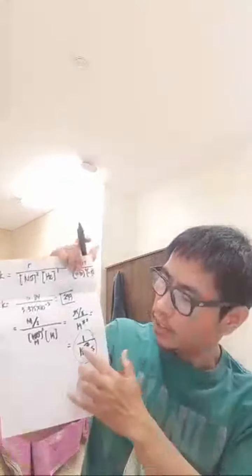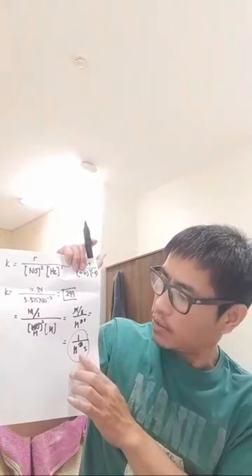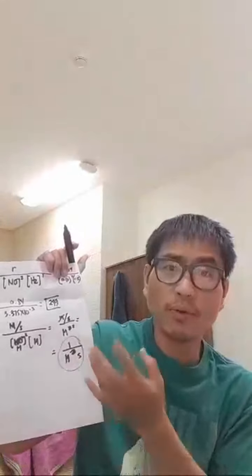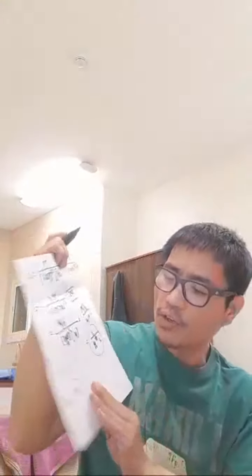Now investigate if it is correct. We have the formula of K also, which is equal to capital M raised to the power 1 minus N times T raised to the power negative 1, and the value of N will be 3 because we said our overall reaction order is 3. So let's prove that our unit for K agrees for the third order. K is equal to M to the 1 minus N, where N, the overall reaction order, is 3 as I mentioned earlier, times T to the negative 1.